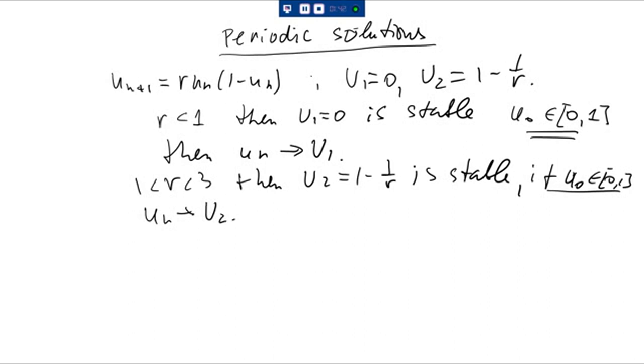The question is what happens if R is more than 3.